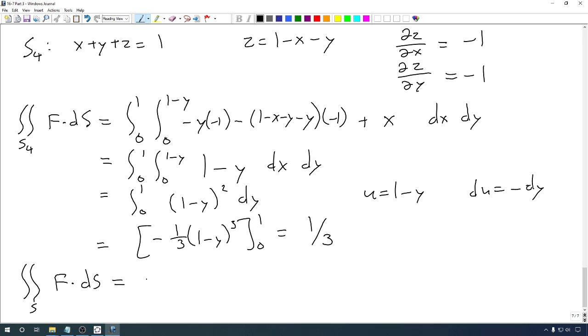Remember, the first three all turned into a -1/6, and this one turned into a 1/3. When we add all those together, the 1/3 will cancel out to -1/6, but we'll still have a -1/6 left over. So that's the total surface integral over that entire tetrahedron.